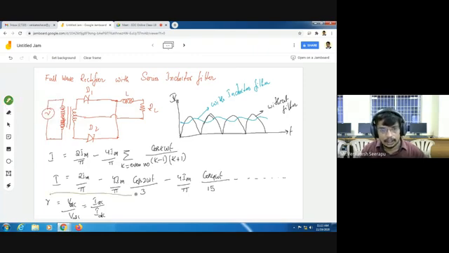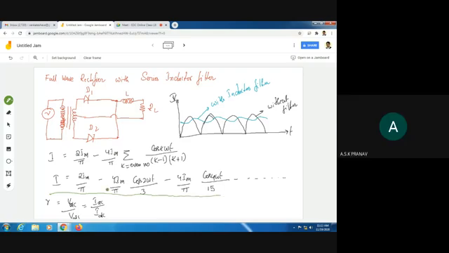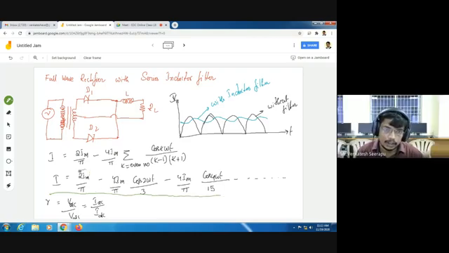What is the DC value in this output equation? 2Im by pi. Yes, DC means it is a constant value. Other than this, all are having a coefficient with cosine or sine. If there is any coefficient with cosine or sine, it is an AC waveform. So what is 2Im by pi?